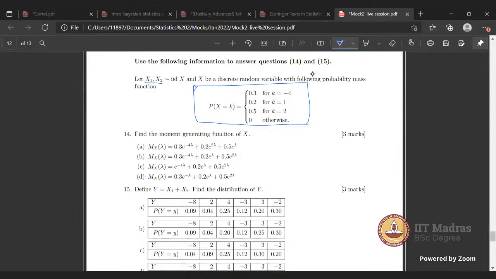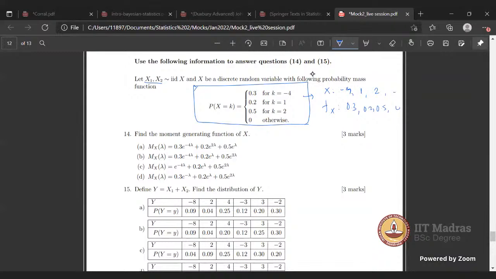Now we have to find the moment generating function of x. From there we can say that x is taking the values minus 4, 1, 2, and some other values, and fx is correspondingly 0.3, 0.2, 0.5, and the rest are 0.